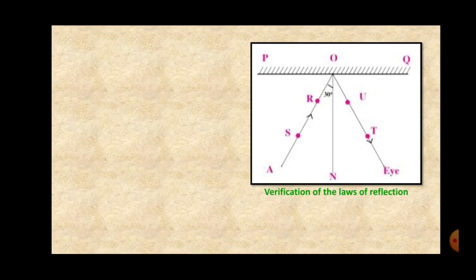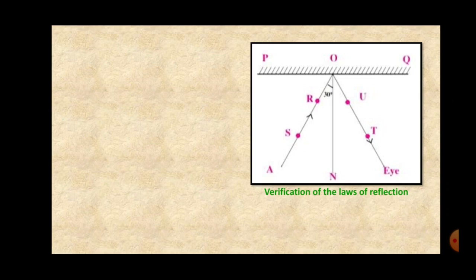We have to take a white paper, and on the white paper we have to draw a line PQ, right? This is the line PQ, and we have to assume that this is the position of the mirror.